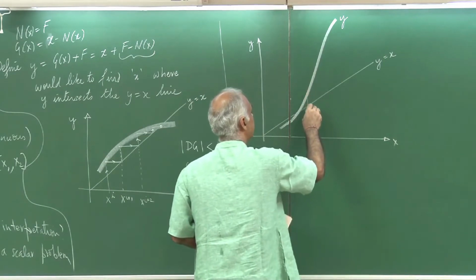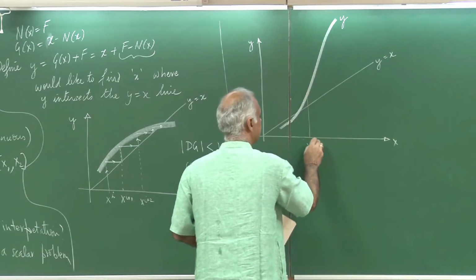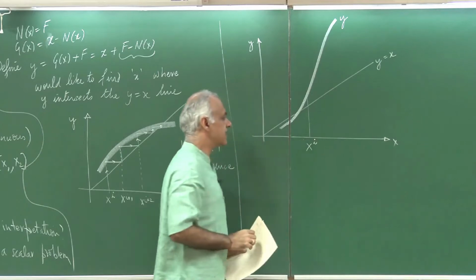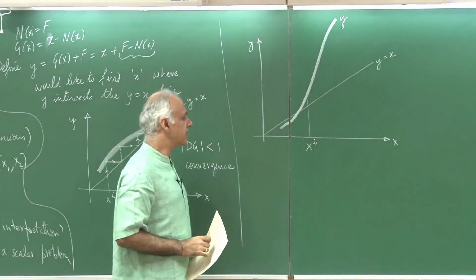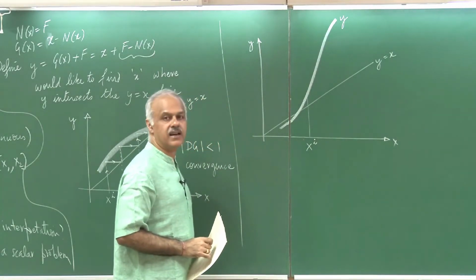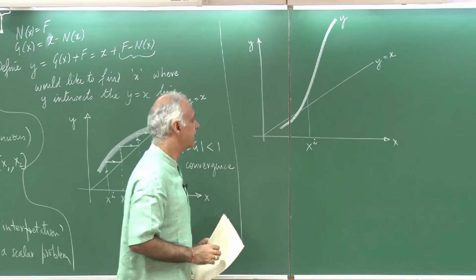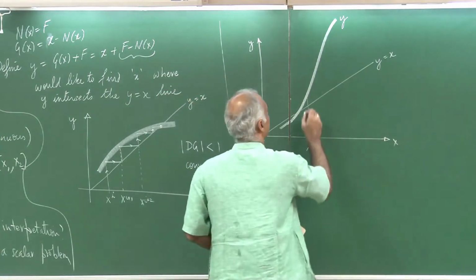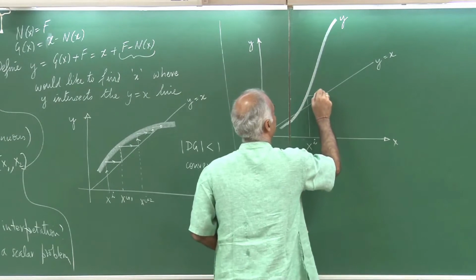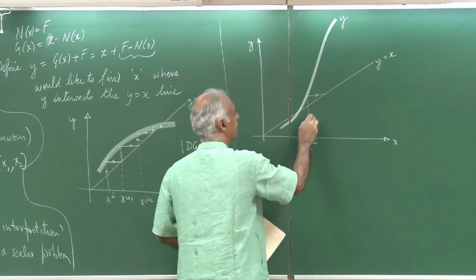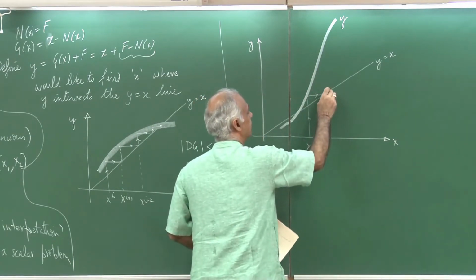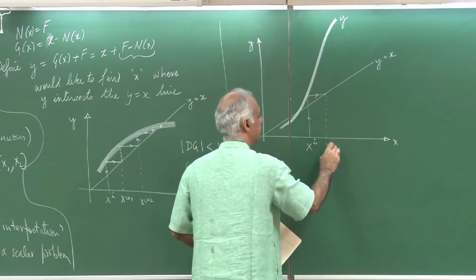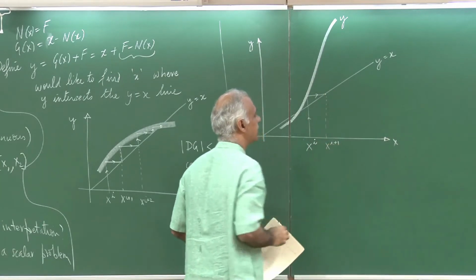So we'll start with a guess. Let's say this is the solution at level i, so we are going to call it xi. So geometrically, you are going to approach this, and this would be xi plus 1.